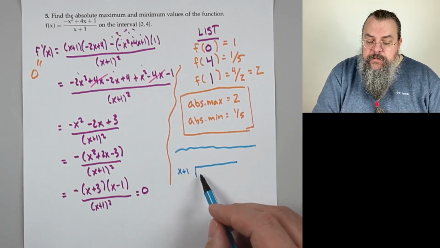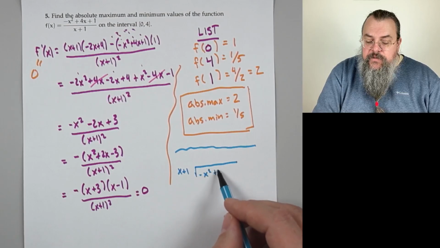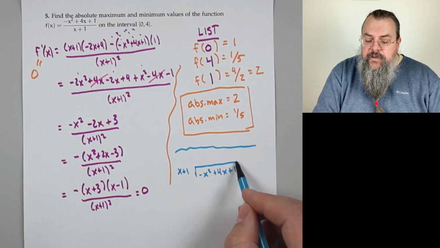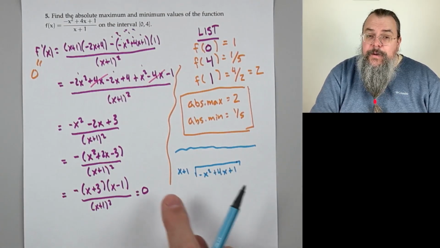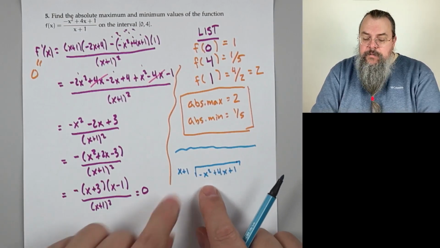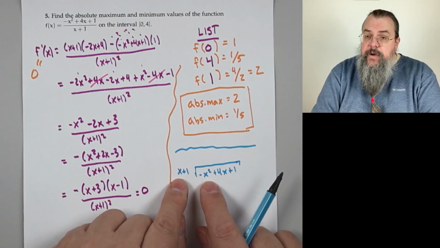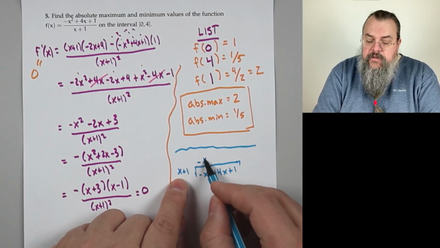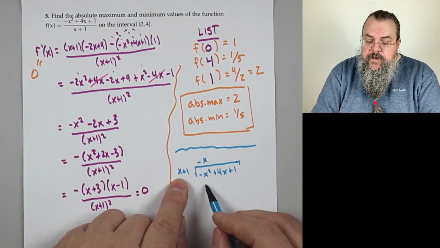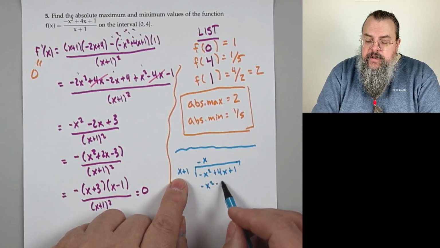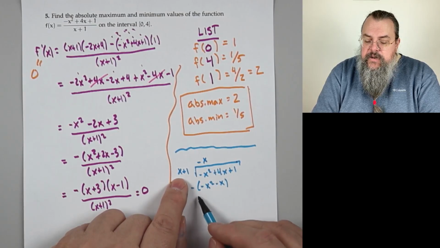Well, x plus 1 divides into -x squared plus 4x plus 1. Because this is not really the point of the test, I don't want to spend too much time. But the rule is you work with the leading terms. So I have x. To get -x squared, I'd have a minus x. So then I'd have -x squared minus x. You subtract.